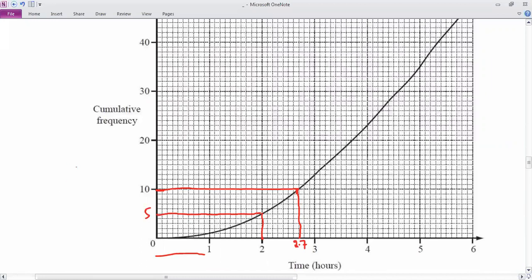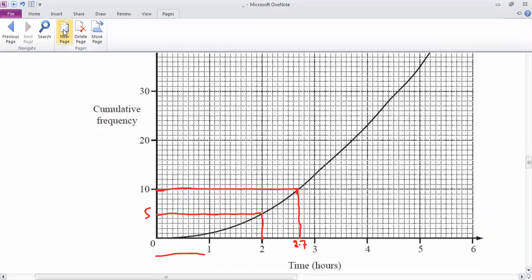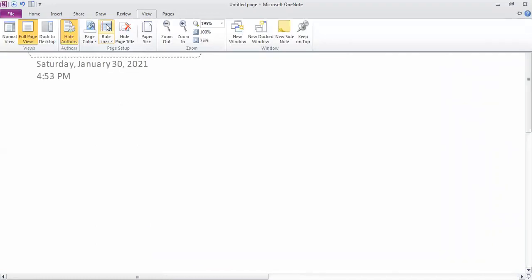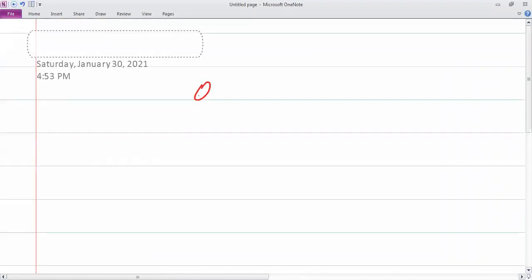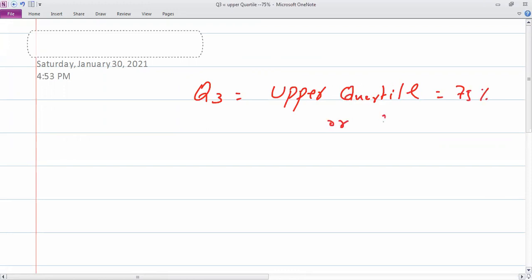Now make sure once again you remember this. Q3 we call the upper quartile. It is always 3 over 4, or 75%, of the last cumulative frequency.